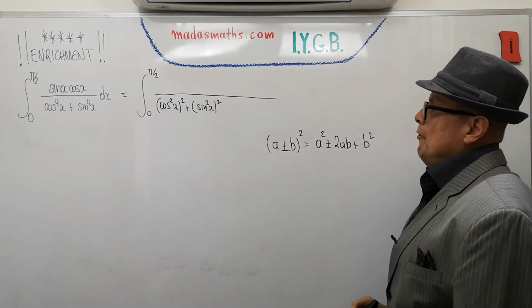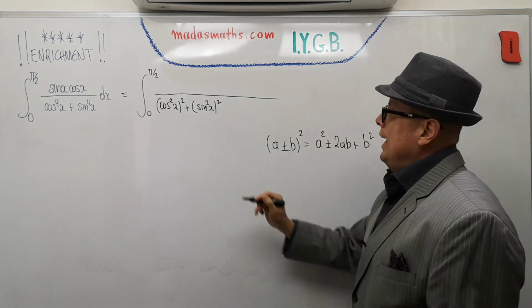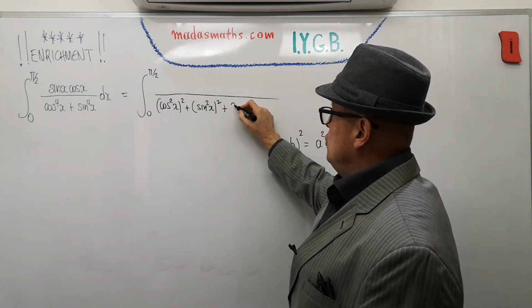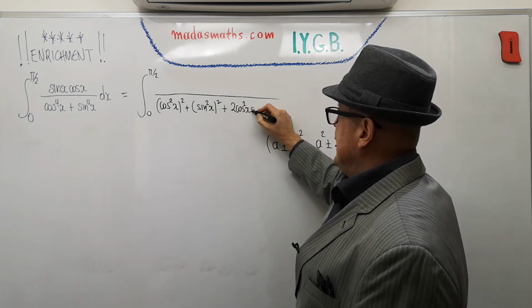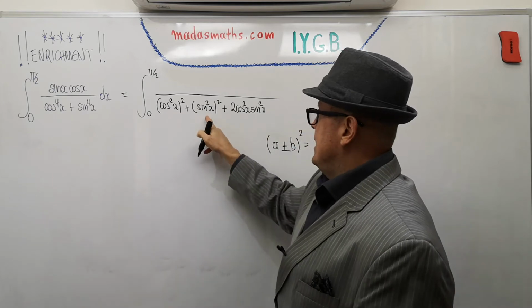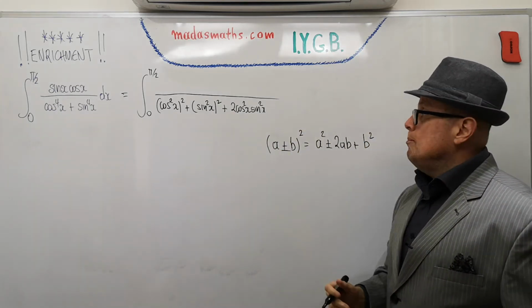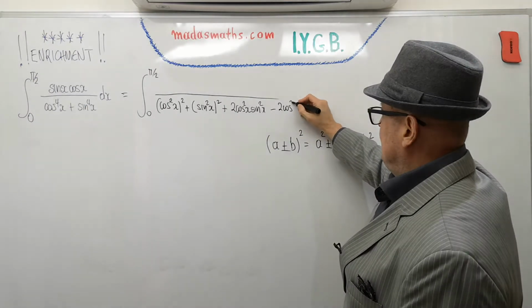So I'm trying to create the perfect square. In order to go into a bracket all squared, I need to add 2 lots of cos squared x sine squared x. So that's there, that's there. These are added in order to make it work, and now I need to subtract it in order to balance it.